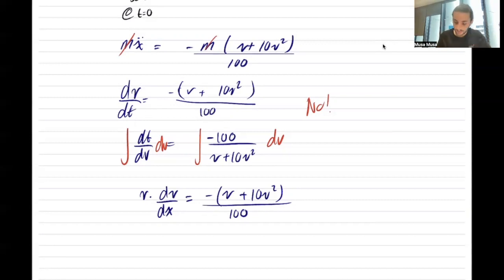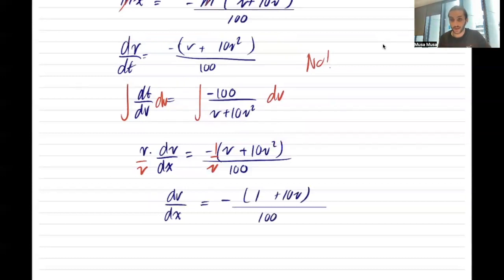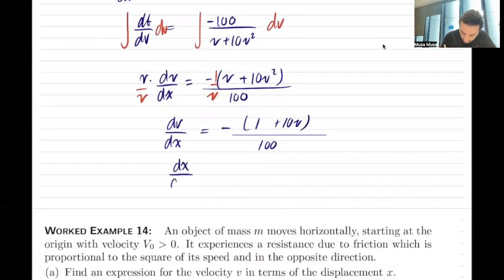The reason is because if I divide by v, I can cancel off one of the v's in each of them, so dv dx is going to equal negative 1 plus 10v over 100. Now I can't integrate both sides with respect to x, but I can integrate both sides with respect to v if I took the reciprocal. So the reciprocal would be dx on dv equals 100 on 1 plus 10v.